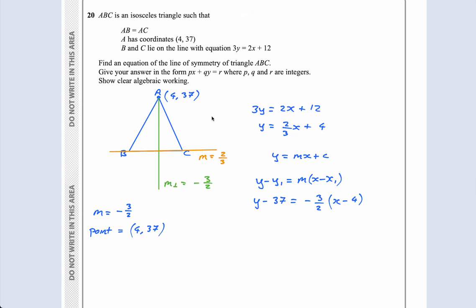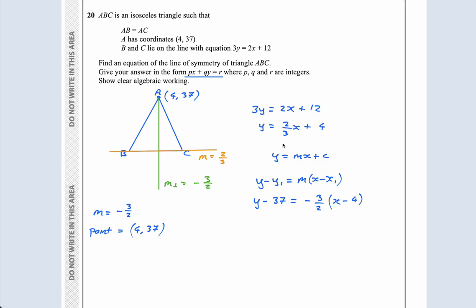I have it. Now he's asked me to give it in this form, so I will have to do manipulation anyway, because he wants it in this strange form. But if you didn't say in a particular form, you'd be done.